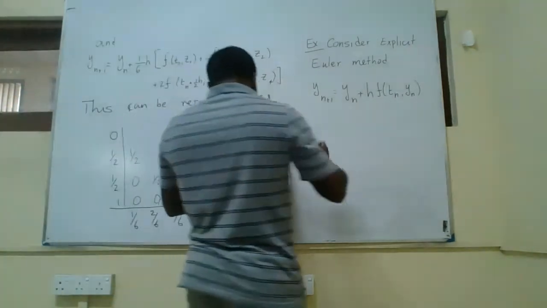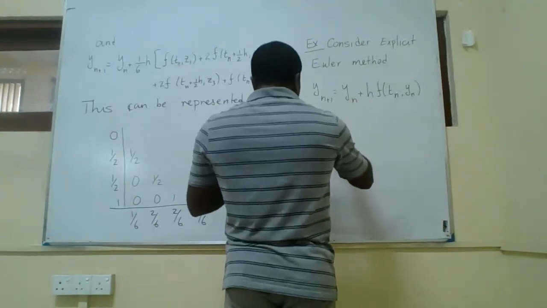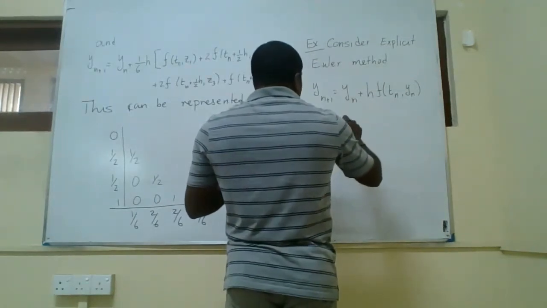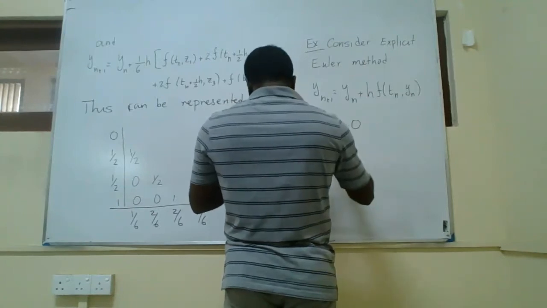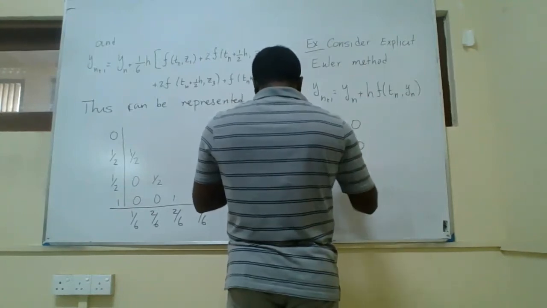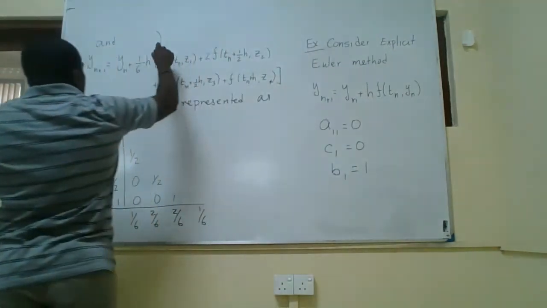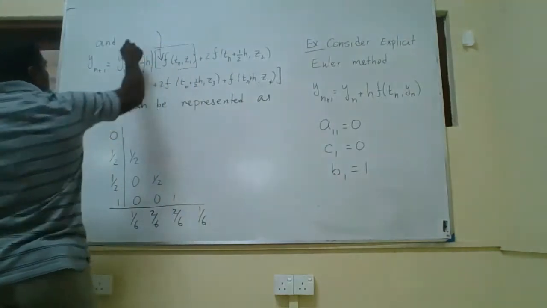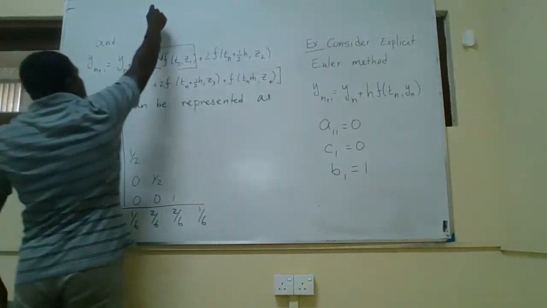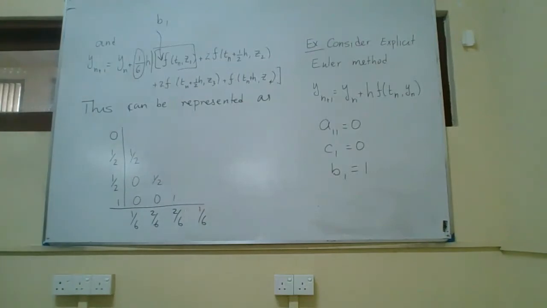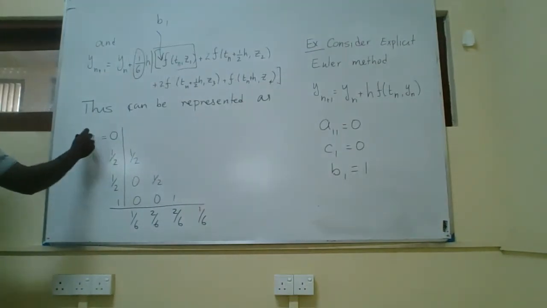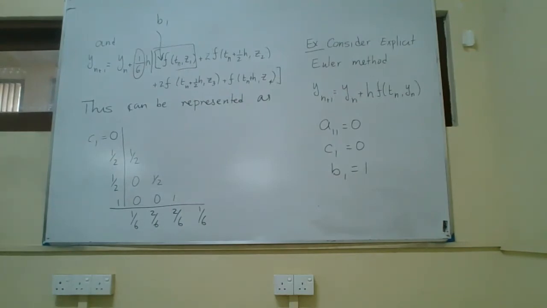So clearly your a11 is 0 here, and your c1 is 0 and b1 is equal to 1 here, because you have only this term here. This one is also 1, so there is b1. Obviously a11 is 0 because c1 is always 0, and you have only b1. So you can write this in this form.